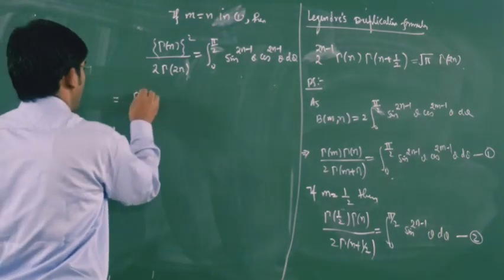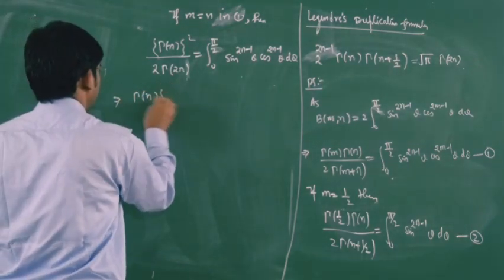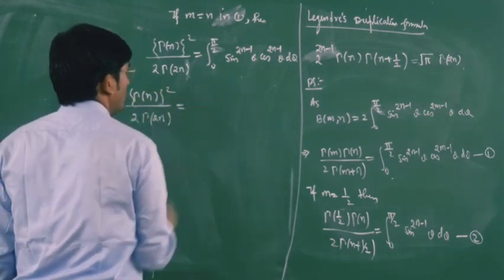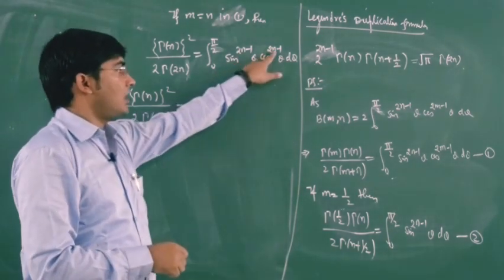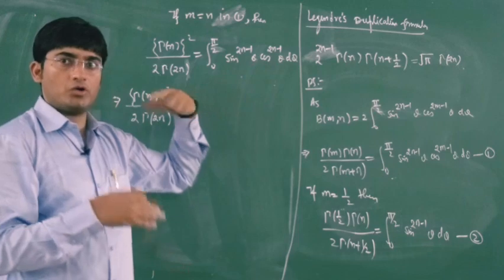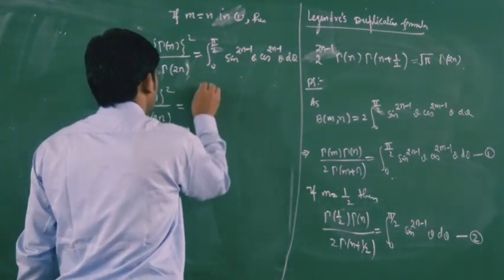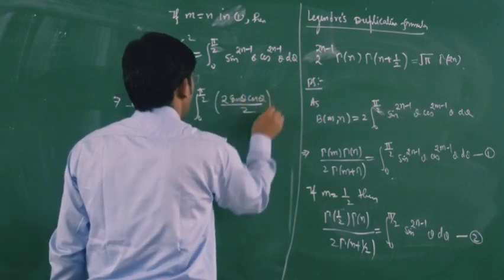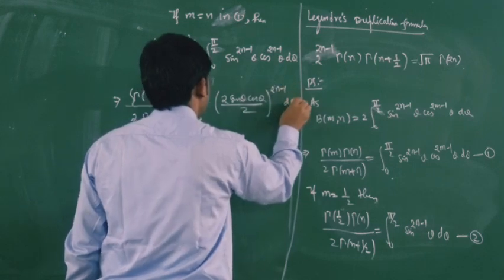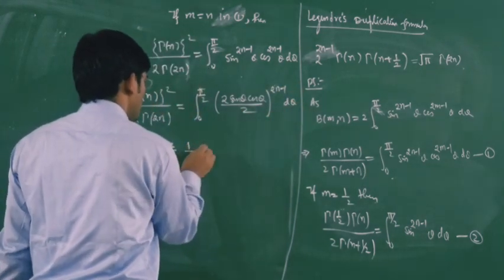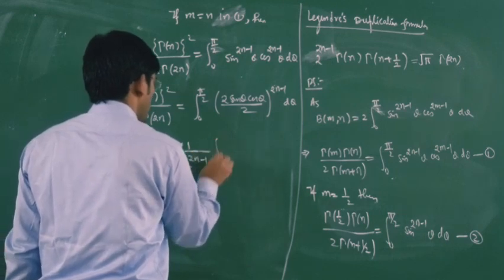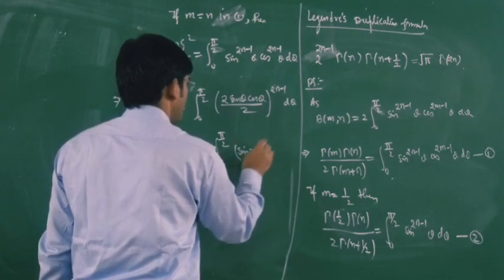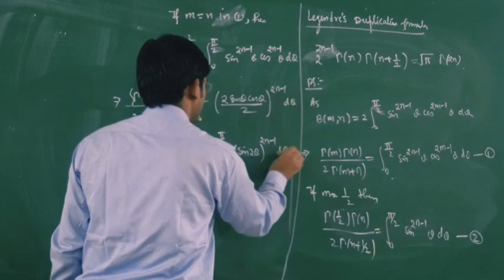Okay, this is equal to gamma n whole square divided by 2 times gamma 2n equal to, now as the powers are common, we can write it as sine theta cos theta whole power 2n minus 1. So if we multiply and divide by 2, then we will get 2 sine theta cos theta divided by 2 whole power 2n minus 1 d theta. So this is equal to 1 by 2 power 2n minus 1 integral 0 to pi by 2, then we have sine 2 theta power 2n minus 1 d theta.